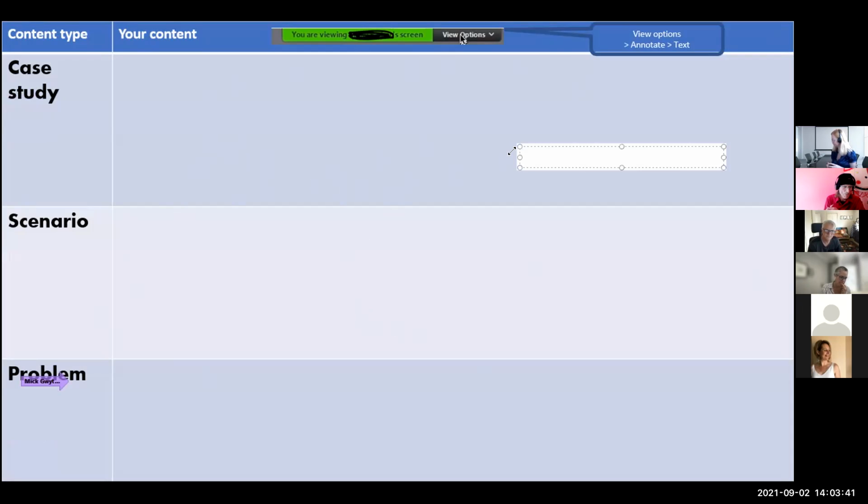One example of a scenario, and then one example of a problem you could pose to students, whether that be a quiz, research, contribution or discussion. This is an opportunity to think about how you might be a little creative with the content and how you depict it. So I'll give you a minute or two to think about that.